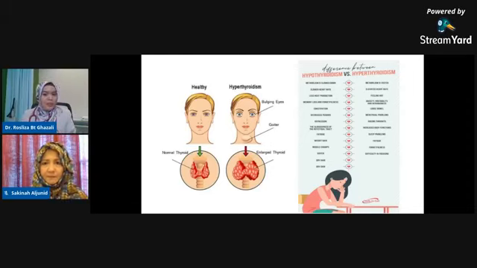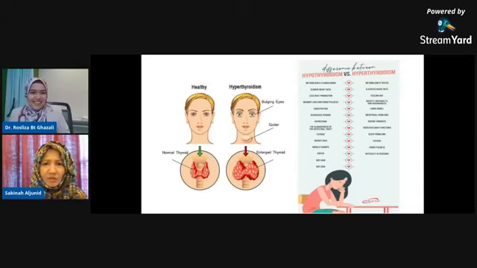So is it something good or not good? You might think it's something good, but in the long term, some people say, wah, untungnya makan banyak tapi tak gemuk-gemuk. But now we want to know the danger. The danger, if it's long term, is that just imagine your heart pumping more than usual.